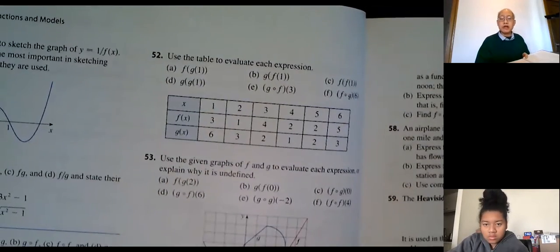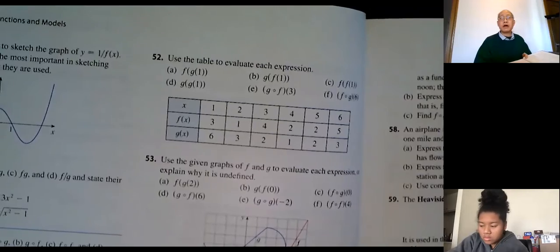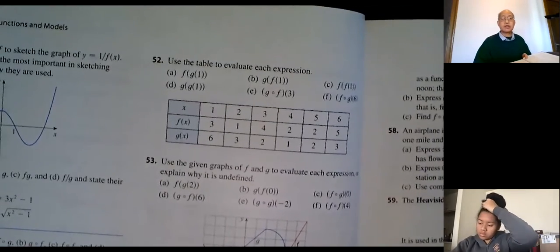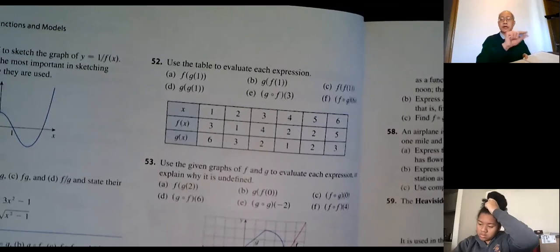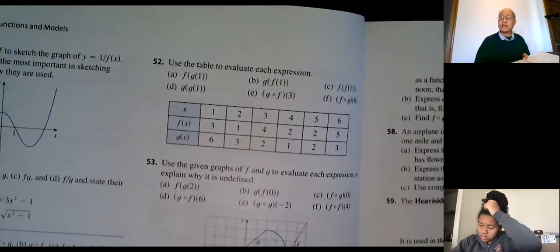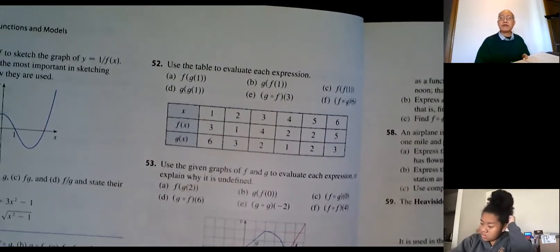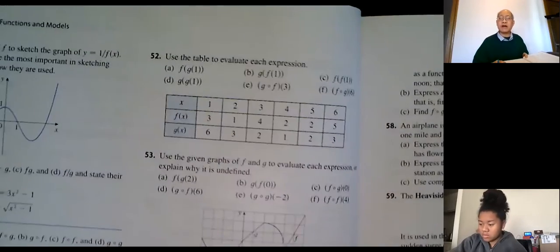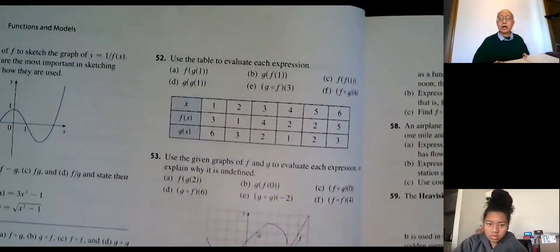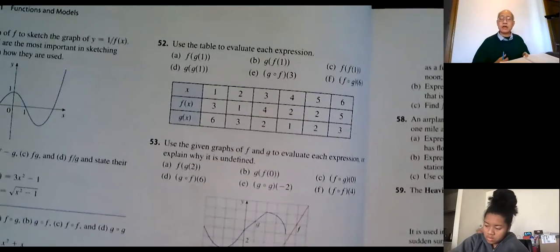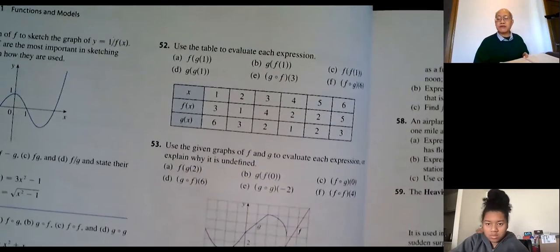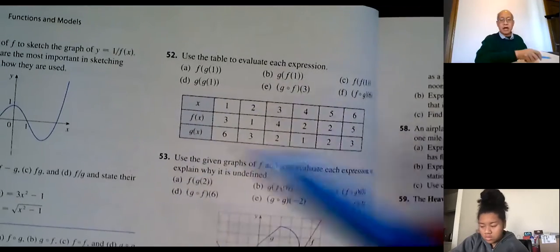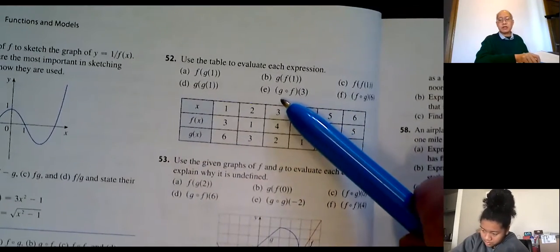Remember, there's a commutative property of addition and multiplication, where the order doesn't matter, but not for subtraction or division. 7 times 5 is the same as 5 times 7, and 7 plus 5 is the same as 5 plus 7, but 7 minus 5 is not the same as 5 minus 7. Division is not commutative either: 7 divided by 5 is not the same as 5 divided by 7. And composition of functions in general is not the same. So f of g does not have to be the same as g of f.